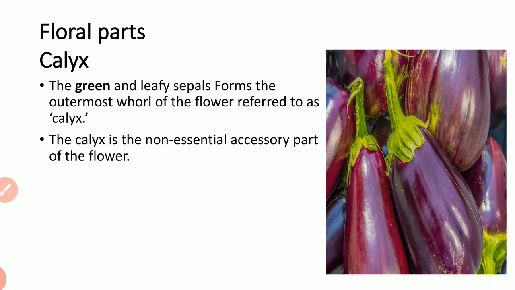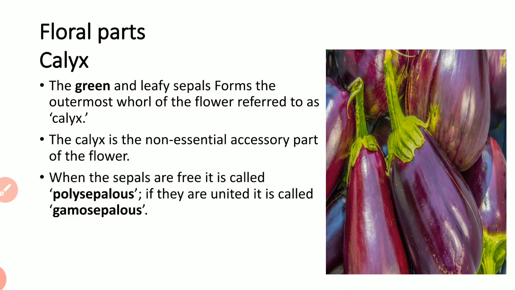Okay, it is non-essential because it does not directly take part in the reproductive process as the androecium and gynoecium do, but it is an accessory. Okay, because it protects the flower in bud condition from insects, etc., and also prevents desiccation, that is the drying of the flower.